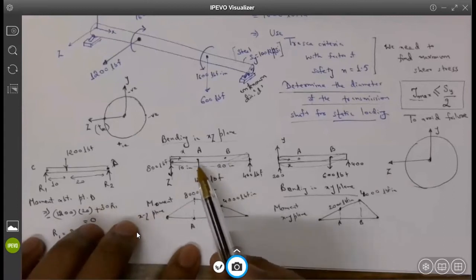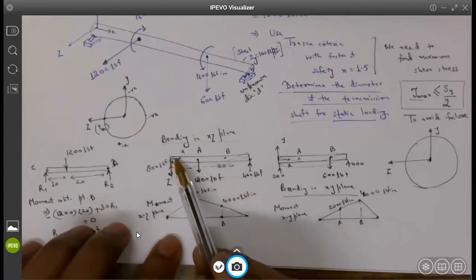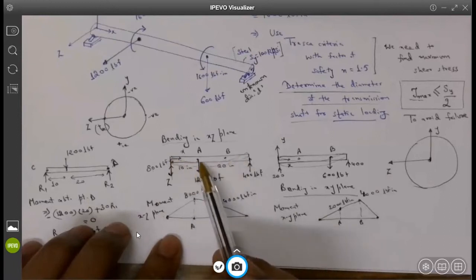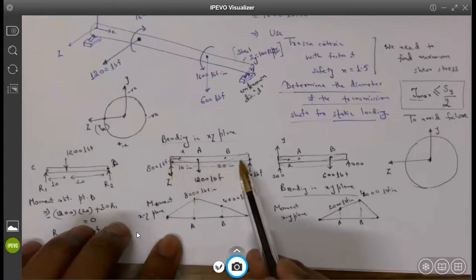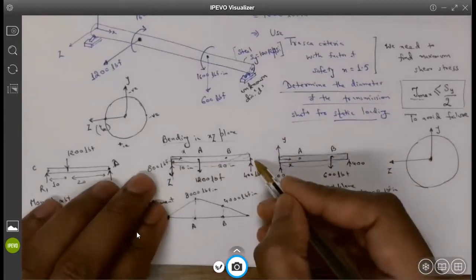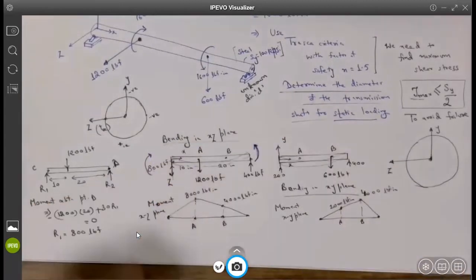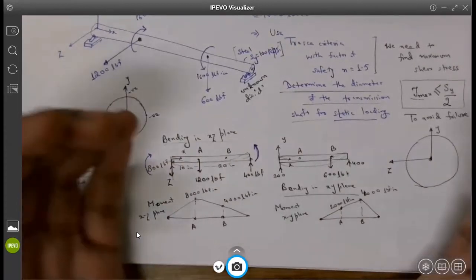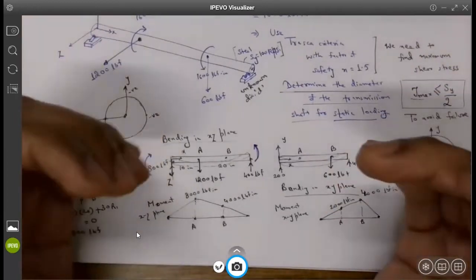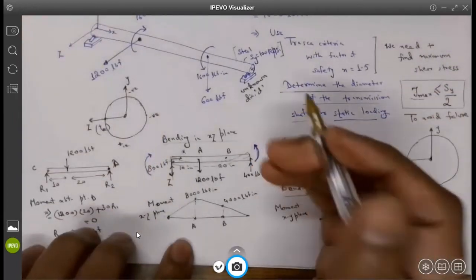Because of this applied load, how is the deformation happening here? Do you see the deformation is happening like this? Everybody agrees with me? The curvature will be like this. Right? So what is in effect happening? It's trying to bend like this. And the direction of that would be from the right hand thumb rule.